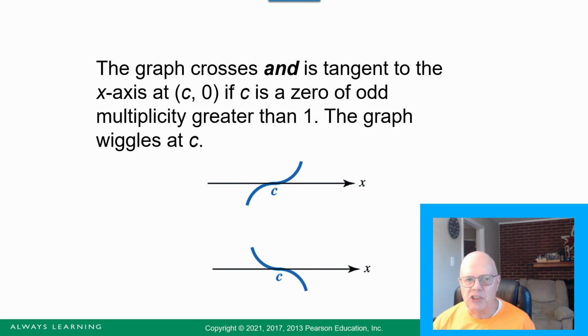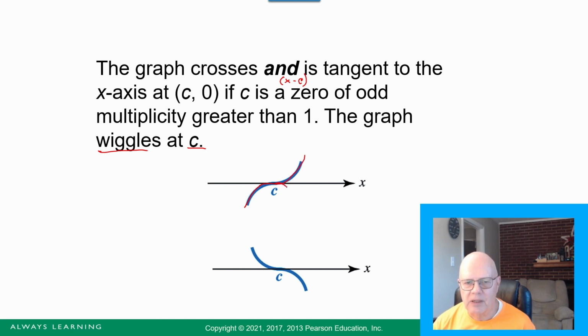And it's going to be tangent to the x-axis at c, 0, for a factor of x minus c, if the multiplicity is greater than 1. It wiggles at c. In other words, it does something like this.